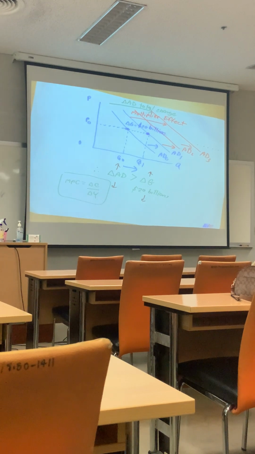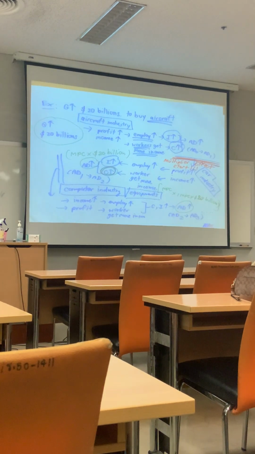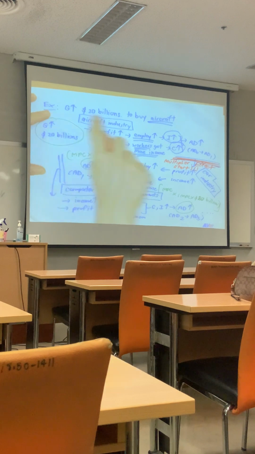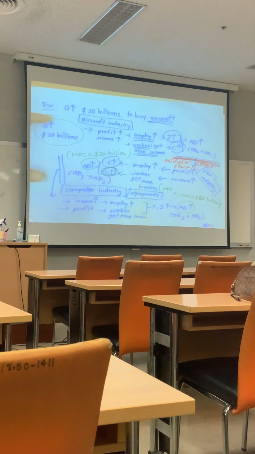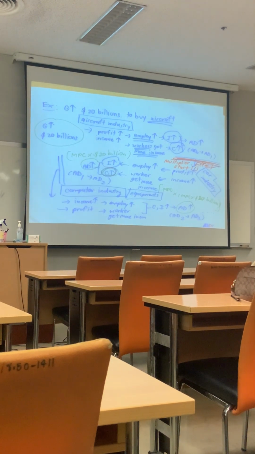Now, crowding out. When crowding out happens, suppose I have the same example. Suppose the government increases spending by 20 billion to buy an aircraft. What happens to AD?